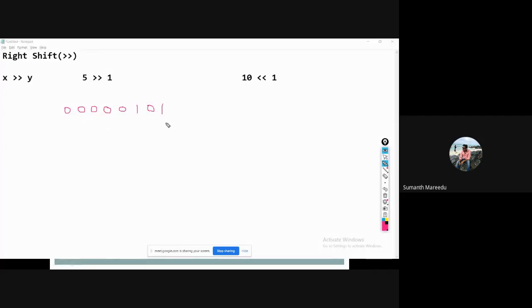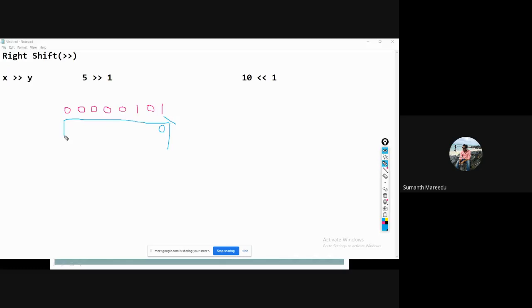Now make them move towards the right side. When moving right, the first position is filled with the second bit, which means you lose the first bit.